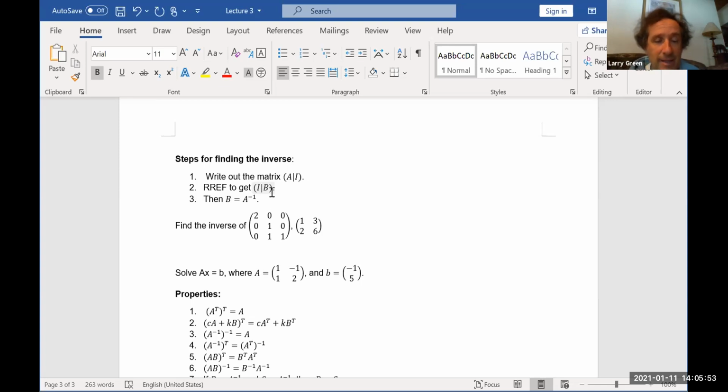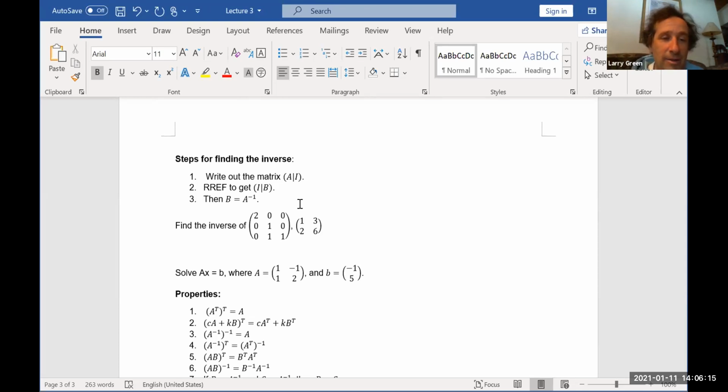Step 3 is you write down that B is equal to A inverse. So this B that you get on the right-hand side after you've RREF'd will be the inverse of A, as long as you do get the identity on the left-hand side. And those are the steps. Looks easy, doesn't it?